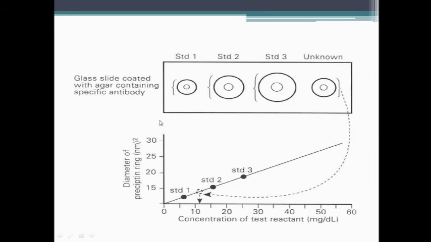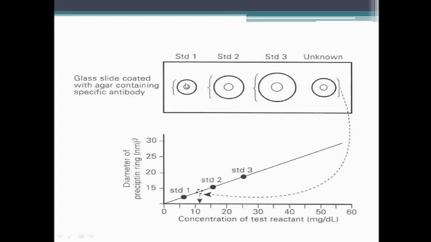So agar gel is poured onto the glass slide, and here antigen solution is poured. After antigen antibody interaction, or after antigen antibody precipitation, we can estimate the concentration of this unknown sample.